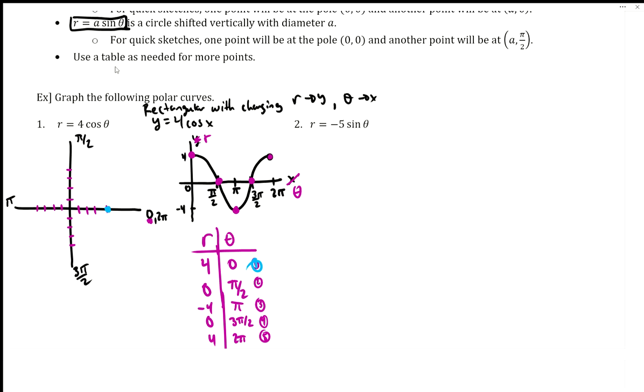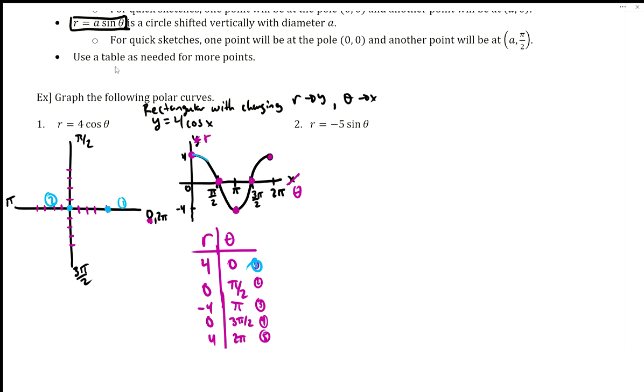And then our second point, we have the radius is 0 and our angle is pi halves. Well, if the radius is 0, we're automatically at the origin, or the pole, in our polar graph. But we want to figure out how to get from point number 1 to point number 2. Well, that's where this other graph comes in.